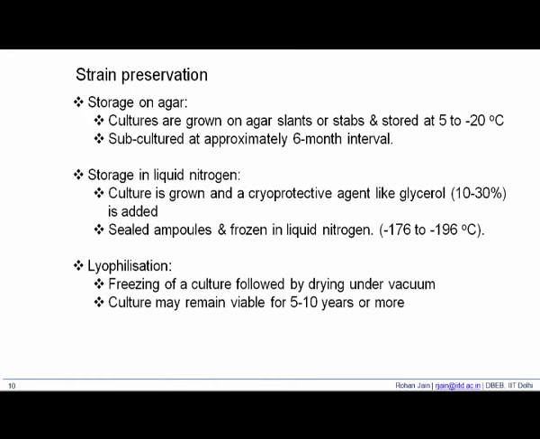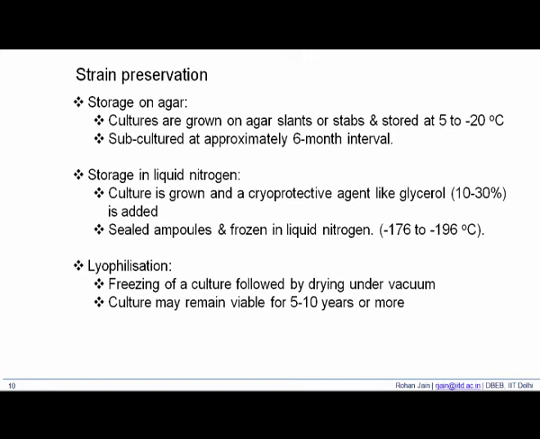This kind of storage can stay well for approximately 6 months, but after 6 months you should keep on growing them again and checking if they are okay, do the sequencing, find their DNA, check their product and everything, and then again make the slants or the stabs and save it again. So, this has to be done on a continuous basis.